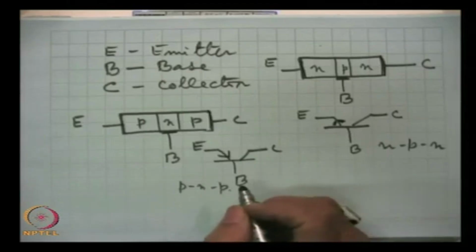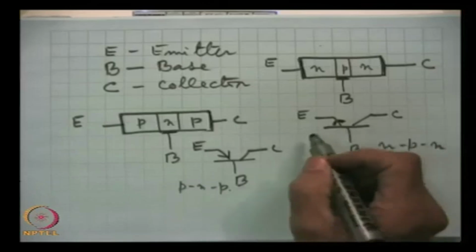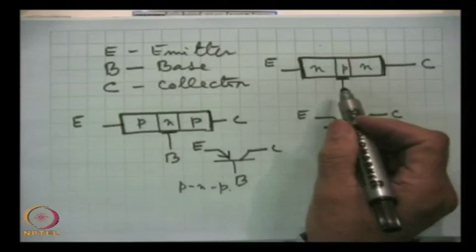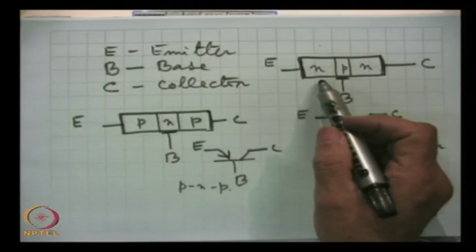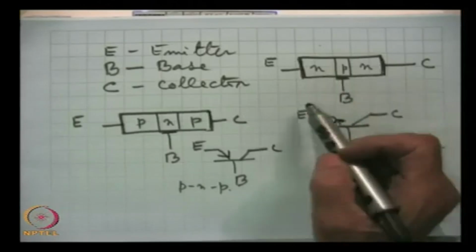Let us consider silicon transistors, for example. In an NPN transistor, as we will see when we go through the working of a transistor, electrons are the major players in transistor action.